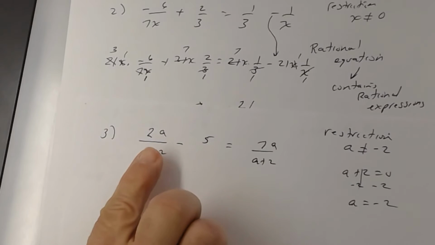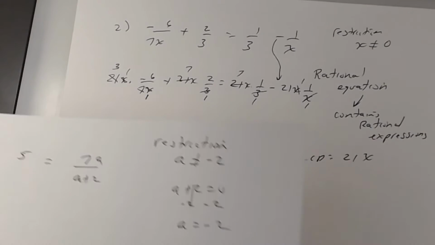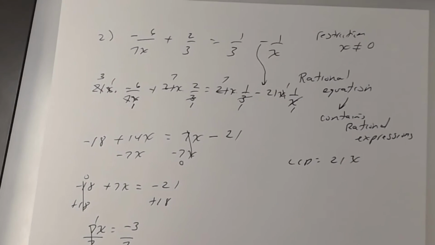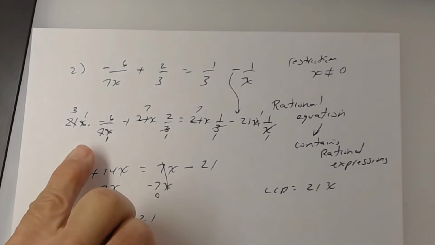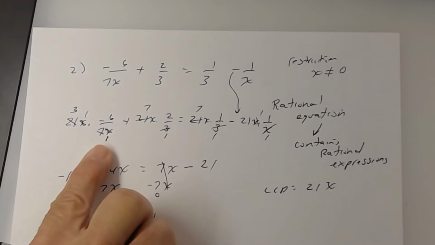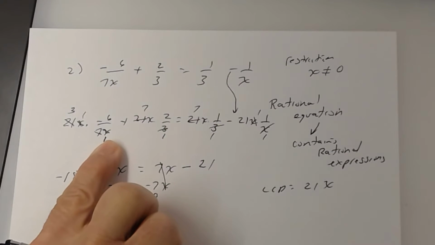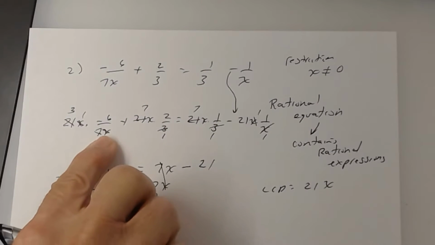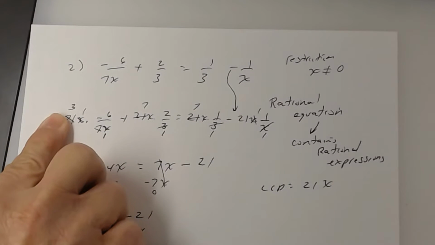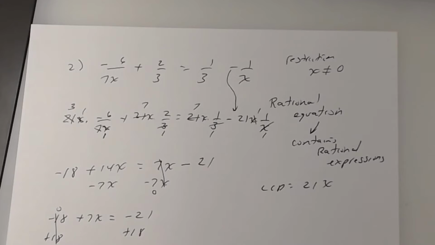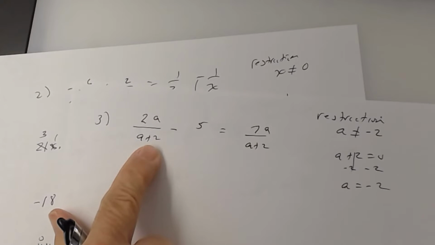Now this one's easy enough, just like number 2, where you can guess the LCD. Remember in number 2, we looked at the coefficients first, we found 21, and then we looked at the variable x. To get rid of the x in the denominator, I had to multiply by x. The problem here is that this is a binomial.